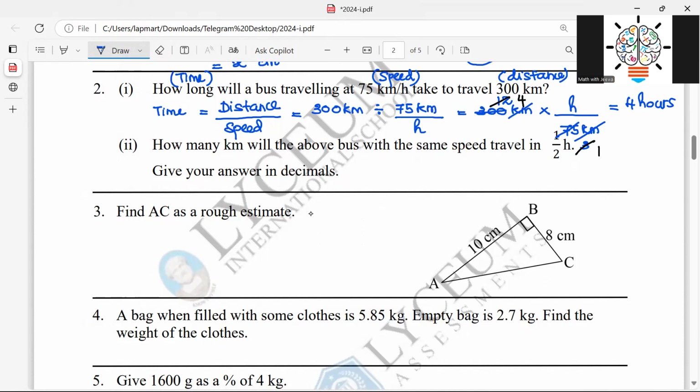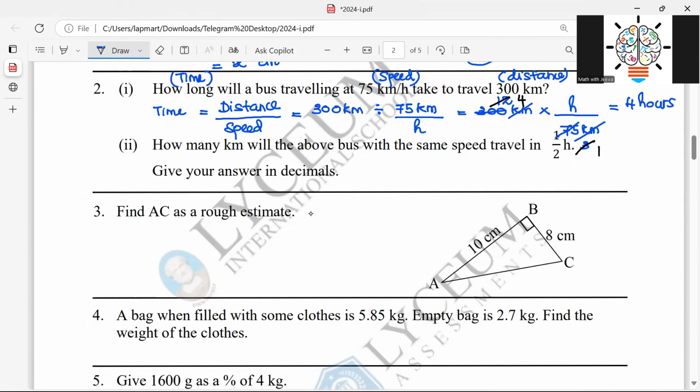When I substitute the values instead of the fraction format, I use the division symbol format so that I can show the thing. 75 kilometers per hour means that 75 kilometers divided by hour. So then when I convert the division sign into the multiplication, that hour becomes the numerator and 75 becomes the denominator. So then I can easily cancel out kilometers and kilometers, and I can simplify 300 by 75. It gives me the answer 4 hours.